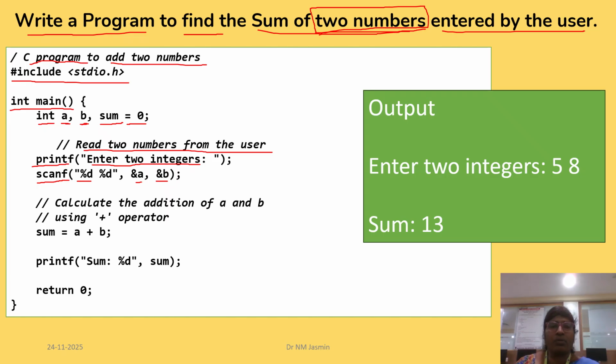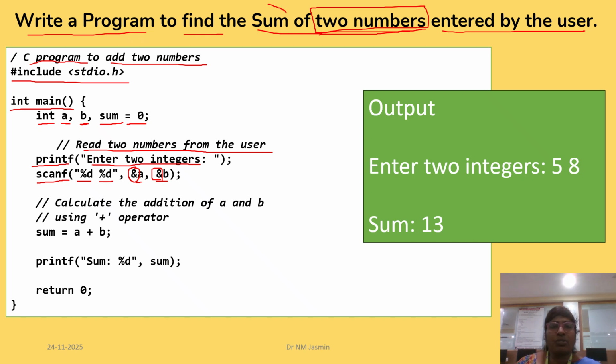For that, as we have taken two numbers, use two integer specifiers. The specifier for the integer is %d, and the ampersand symbol is used for the two integers, to provide the address for a, to provide the address for b, and with a semicolon.